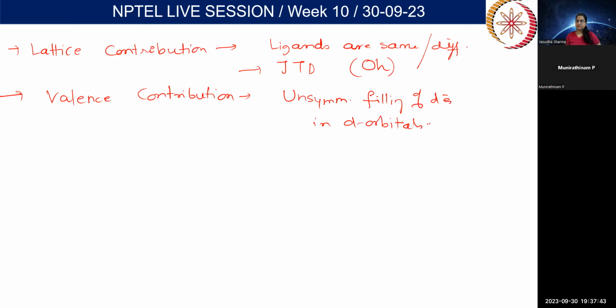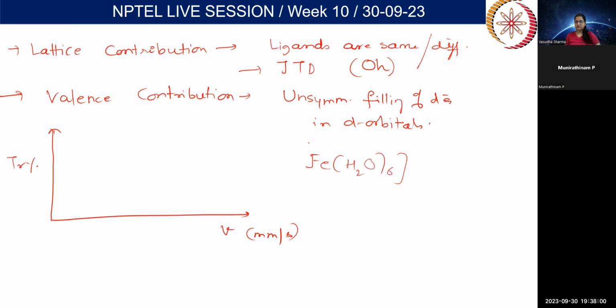So these parameters will let you have, for example, this transmittance and velocity graph. Earlier, one complex we were taking was this iron water. Just now we saw this example and we got to know that both lattice contribution as well as valence contribution were existing.